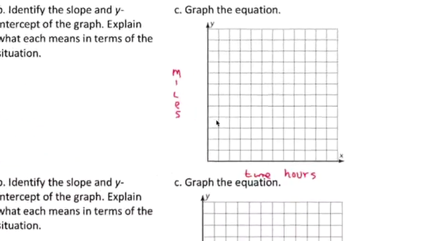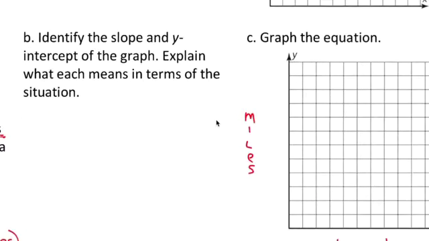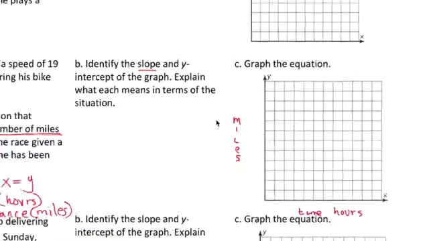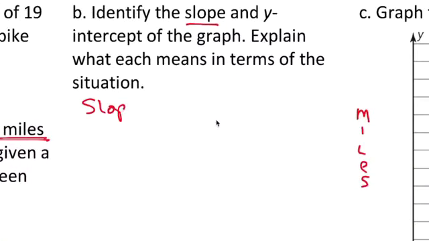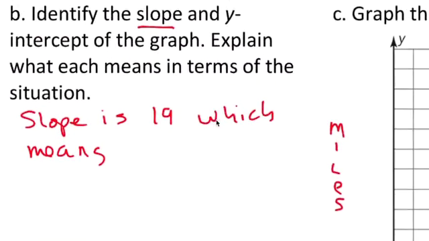First of all, what does the slope mean? Identify the slope. The slope is 19 over 1, or just 19, right? It tells you what it means: 19 miles for 1 hour, or 19 miles an hour.